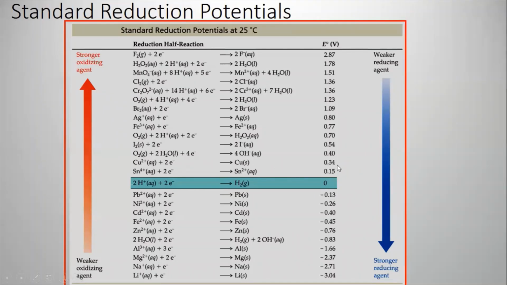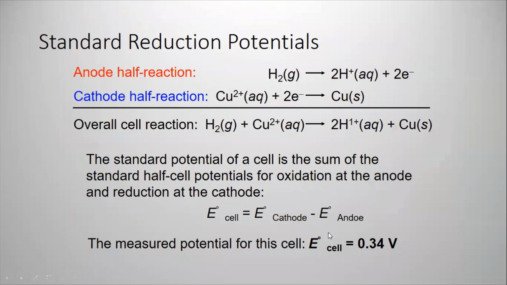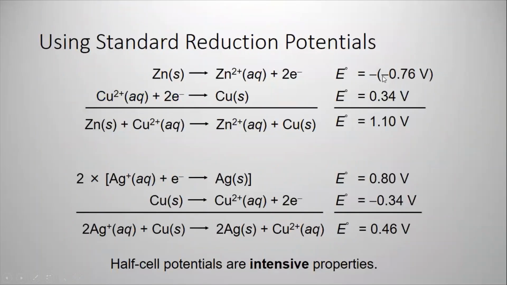Copper is the cathode. Why is copper the cathode? It's more positive. It's above. Zinc is below, negative. So cathode minus anode. Minus minus, it becomes positive. That's why you see this positive here. So this is basically positive, and this is how we get 1.1 volts.